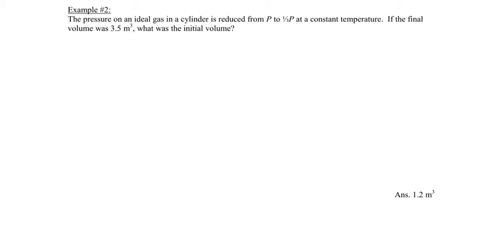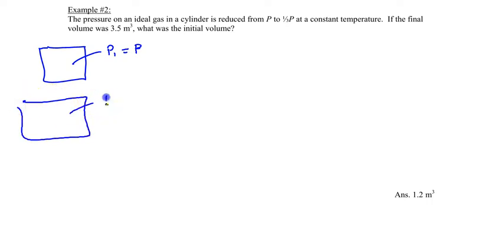So when you do ideal gas law type problems, the first thing you do, as we have done in the past with physics problems, is you list your known and unknown quantities. And when you list your known and unknown quantities, you should list them from the two different states. You can imagine that there's a gas initially with some initial pressure, P1, which we'll call P, and then it has a final pressure, which we'll call P2, which is a third of that pressure.